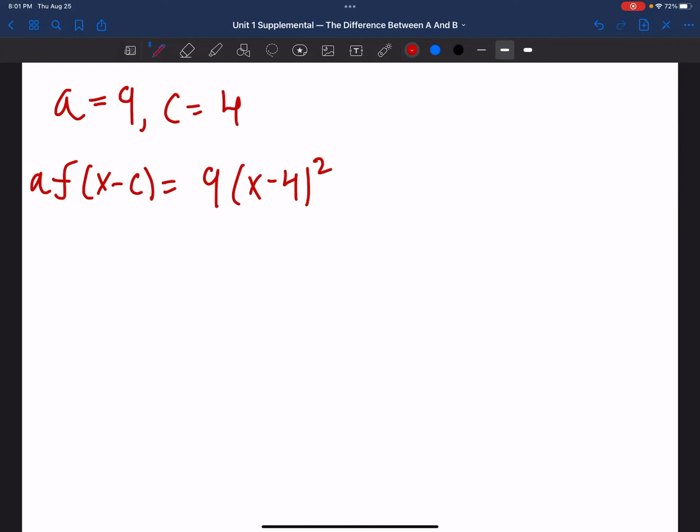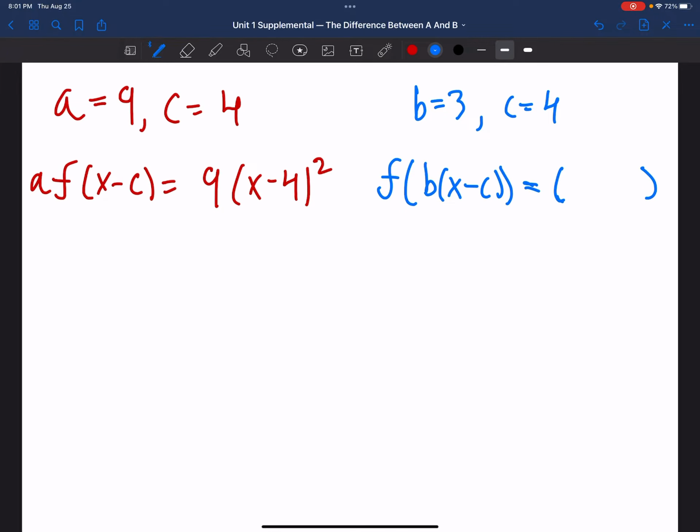Compare this to if b was 3 and c was 4. Well, then I would have f of b times x minus c, right? And this would be in parentheses, because this is the input. Whatever's in here is getting squared, and this is 3 times x minus 4, like so.